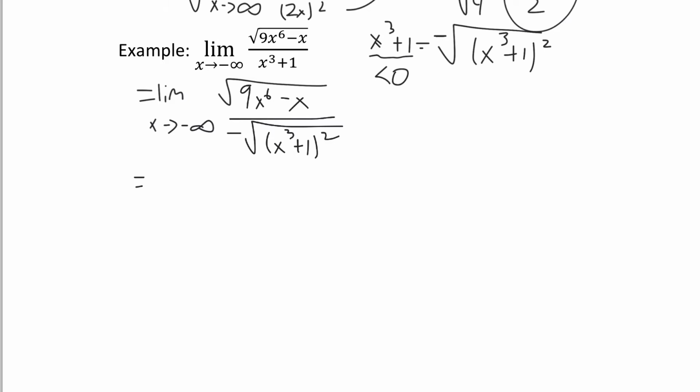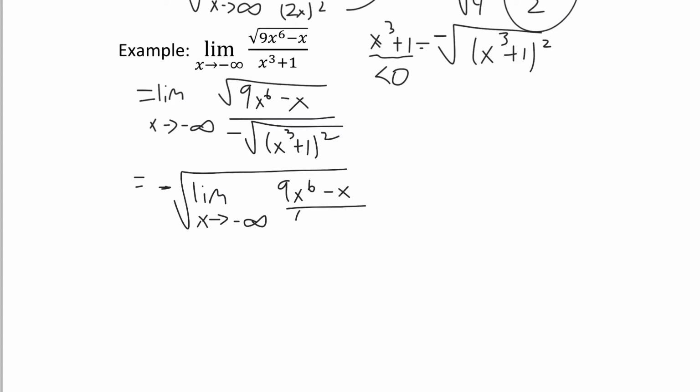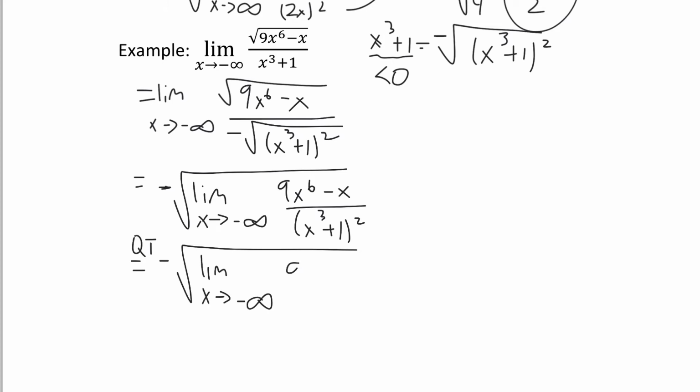So we can go ahead and take that square root out, and there's going to be a negative that comes with it. And then we have the limit as x approaches negative infinity of 9x to the 6 minus x over (x cubed plus 1) squared. We're going to use the quotient theorem here to get the limit as x approaches negative infinity of just 9x to the 6 over x cubed squared.